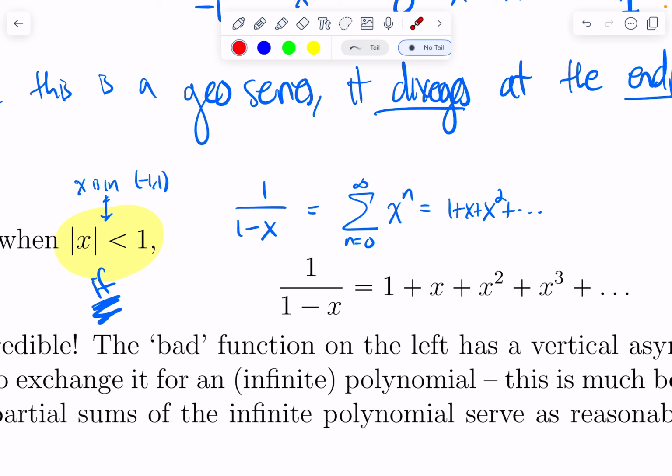And this is fascinating because this function has a vertical asymptote, which is very, very poorly behaved. A polynomial is one of the best behaved things you can possibly find. So this approach allows me to take bad functions that misbehave and replace them with beautiful functions.